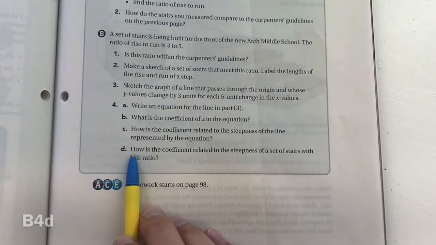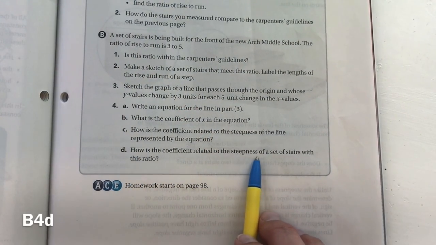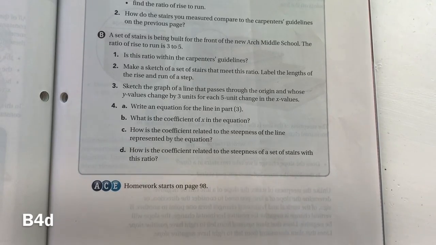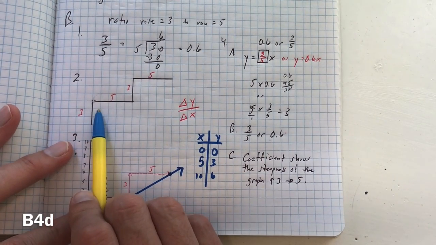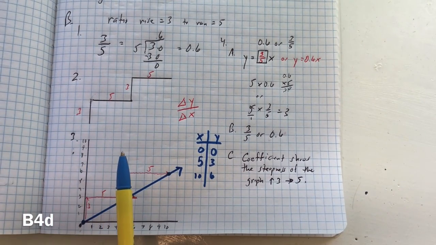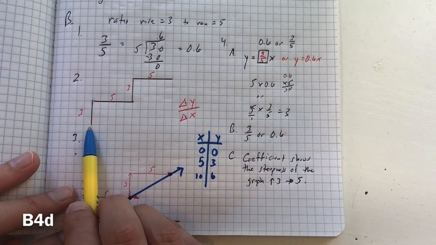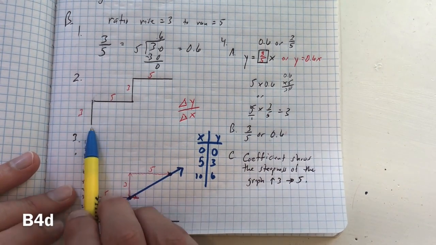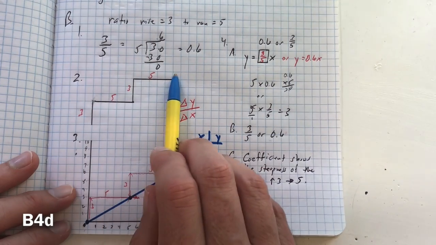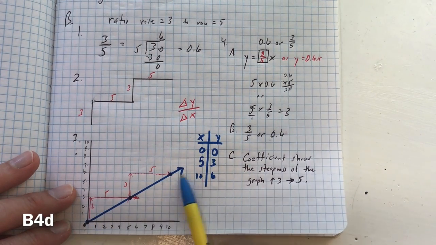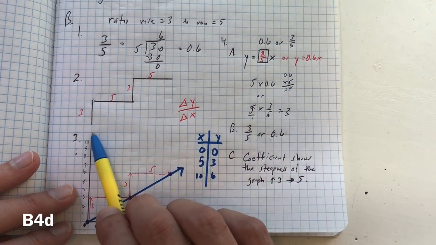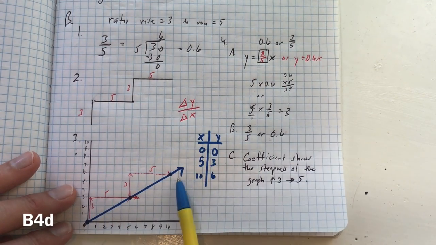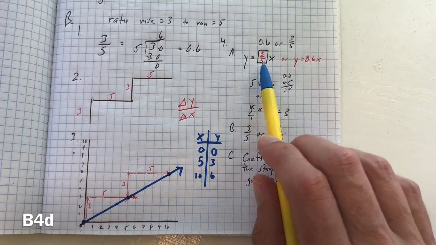And number 4D, how is the coefficient related to the steepness of a set of stairs with this ratio? Thinking specifically about the stairs, the relationship is that there's a movement of up 3/5, but the general steepness of the stairs is the same process of showing the steepness as the coefficient in the equation.